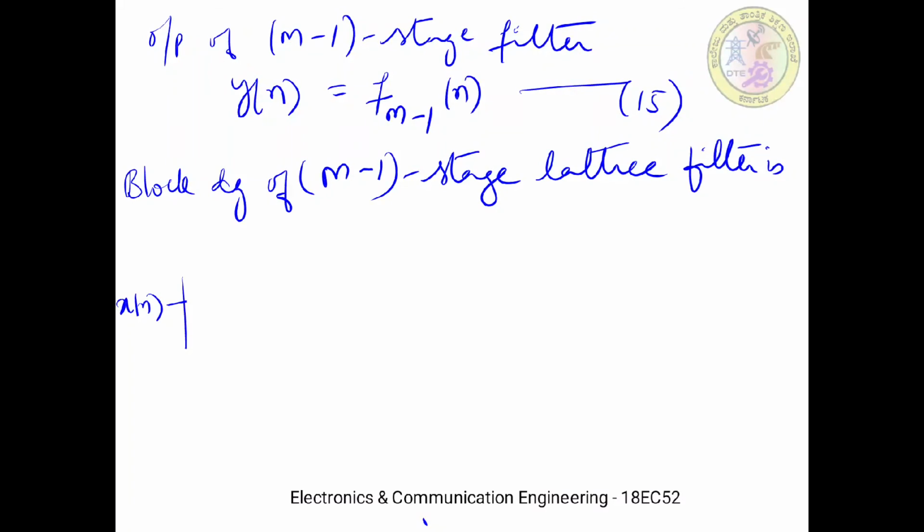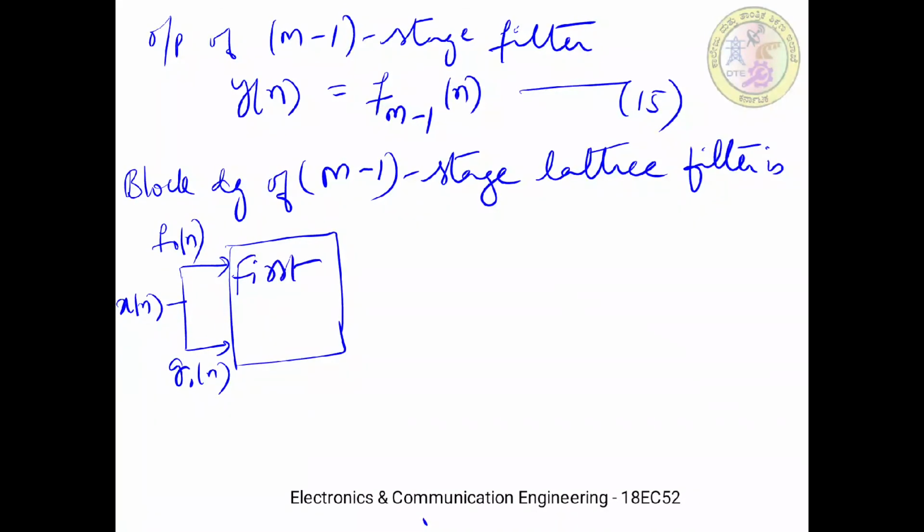We know that x of n goes in two parts: one is f0 of n, the next part is g0 of n. It will go to the first stage. So this is the first stage, and the first stage outputs are f1 of n and g1 of n.